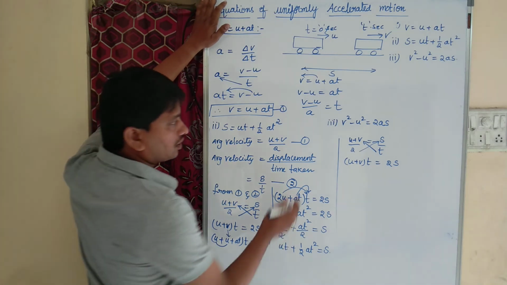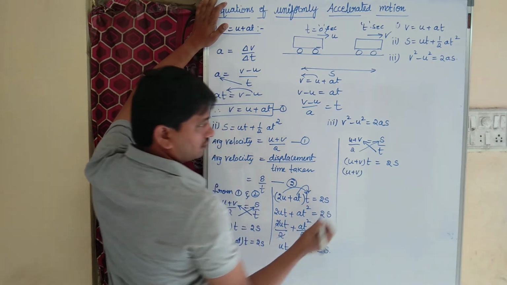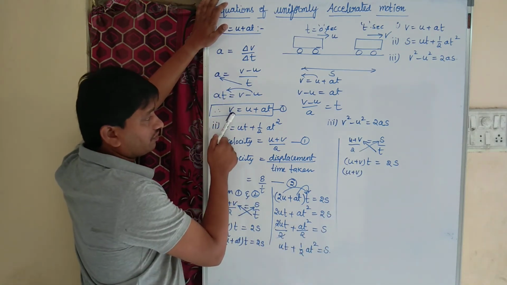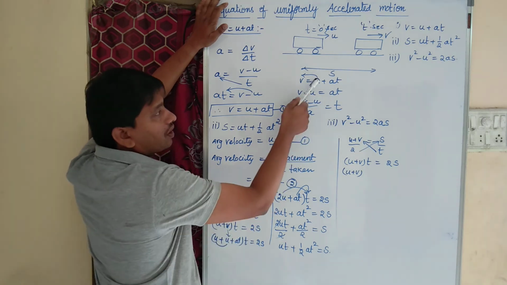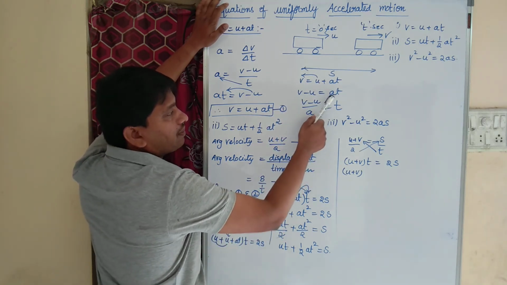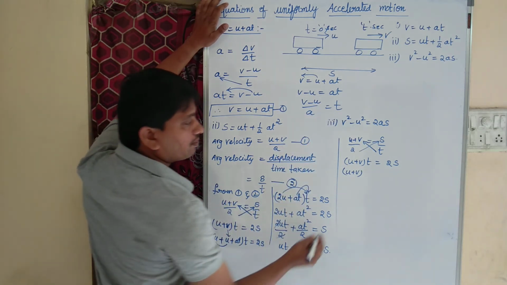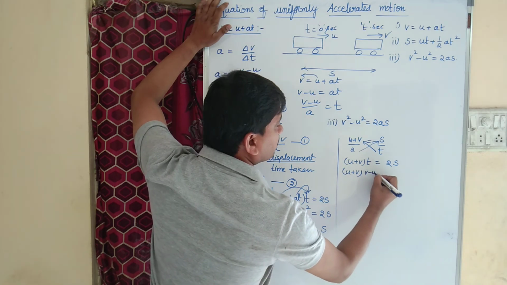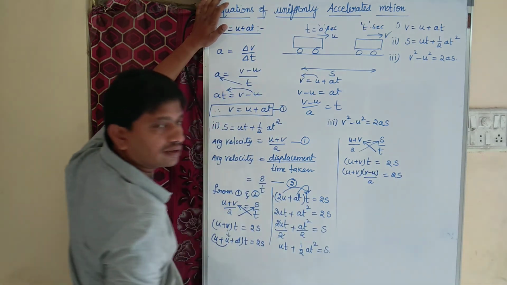Students, this u plus v, let it be. From equation number 1, we know v equals u plus at. Transposing u, v minus u equals at. Here a is multiplying, so transposing it will divide: t equals v minus u by a. So in place of t, I can write v minus u by a, equal to 2as.